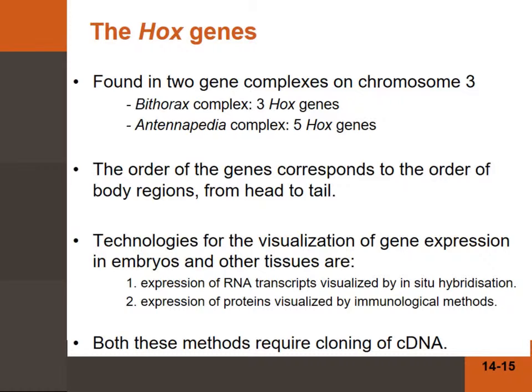Another technique involves looking at the expression of proteins, and this is done using immunological methods. Both of these methods require cloning of what's called cDNA, where the cDNA is referred to as complementary DNA or copied DNA.